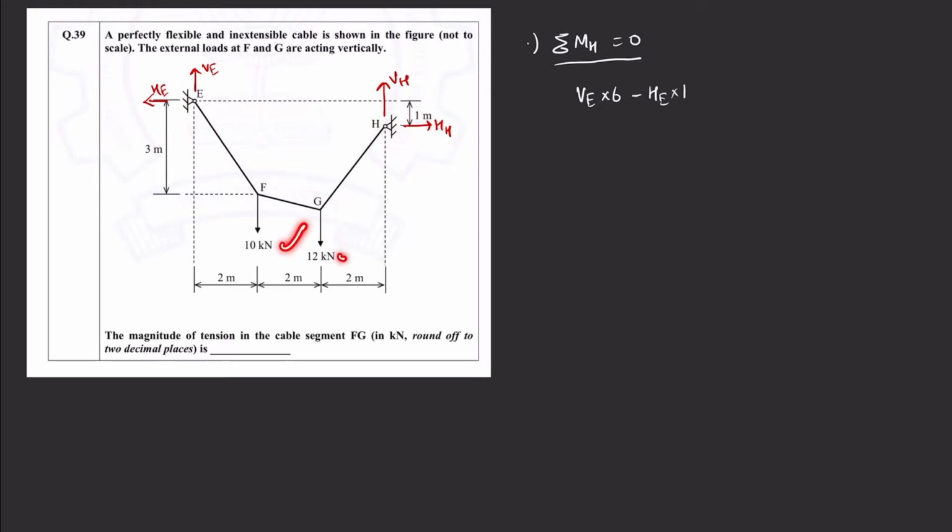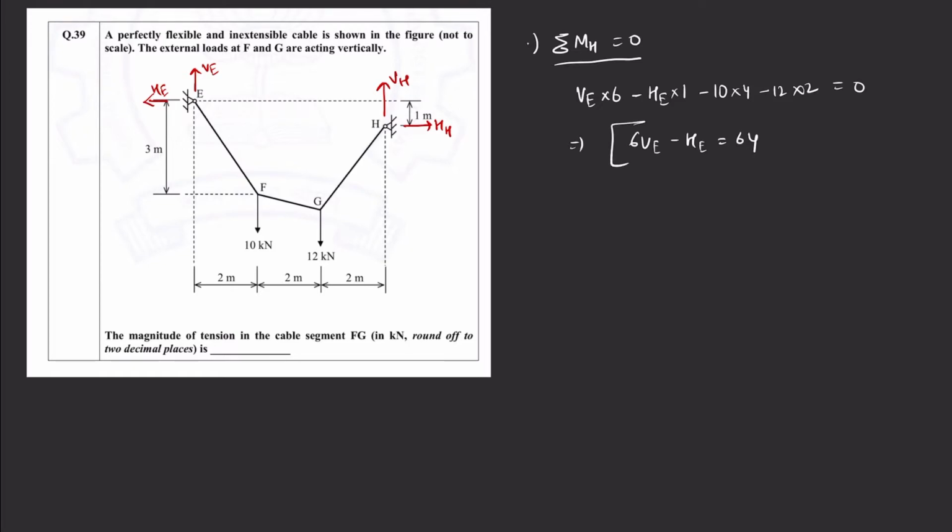The 10 and 12 are also making an anti-clockwise moment, so it will be negative: minus 10 times 4 minus 12 times 2 equals 0. So this will give us 6 VE minus HE equals 64.